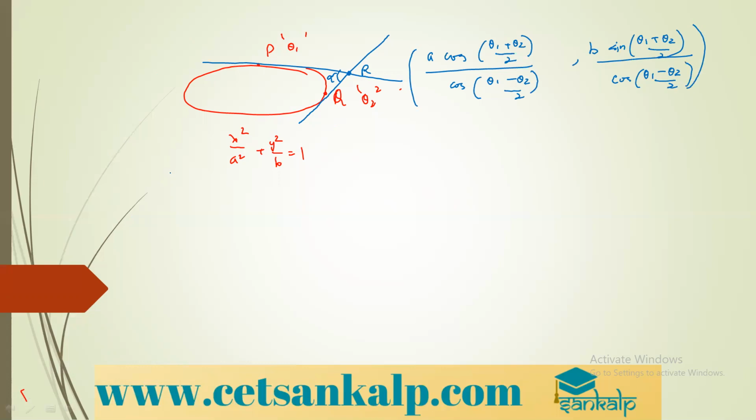This is called the point of intersection of the two tangents.